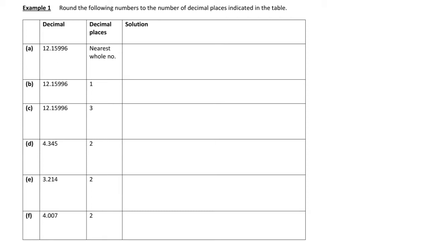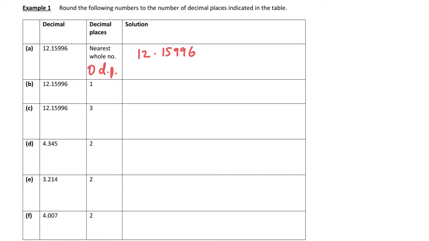So example, round the following numbers to the number of decimal places indicated in the table. So the first one, we're rounding to the nearest whole number. So another way to think about that, it would be to 0 decimal places. So what we need to do is write the number, 12.15996. We need to put in our dashed lines, and that's going to be around the level of where we're rounding.